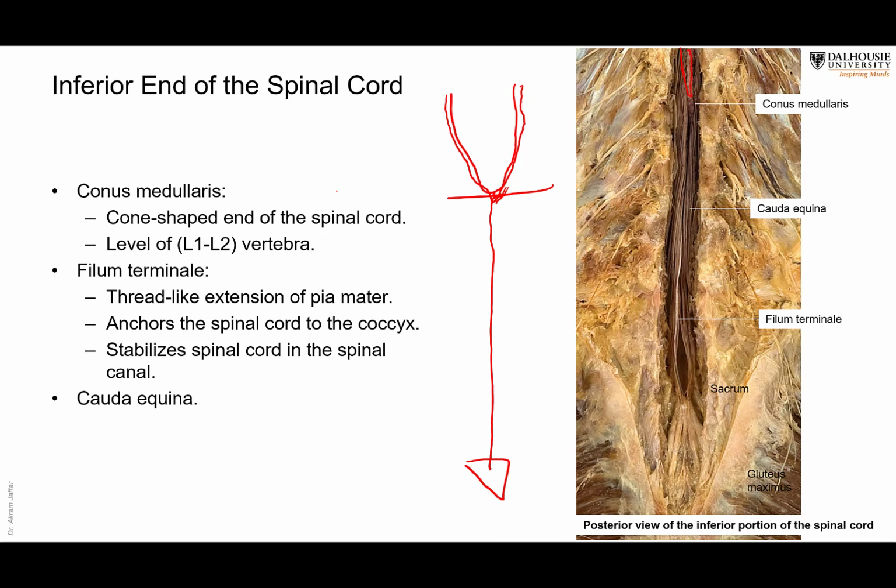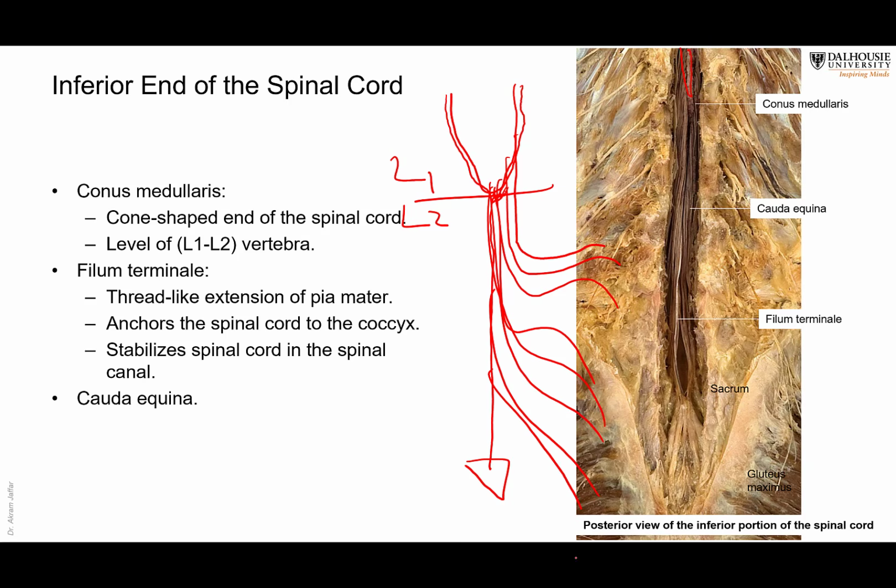So this level here is the level of L1, L2 vertebra, and below L1, L2 we don't have the spinal cord. What we have is the roots of the spinal nerves. So there's this one, let's say for L3, and then L4, and then L5, S1, S2, S3, S4.